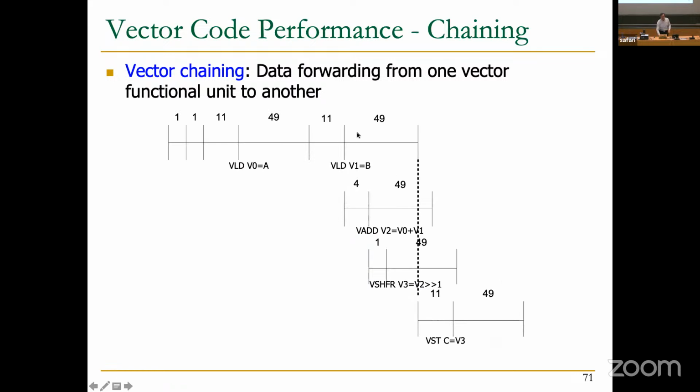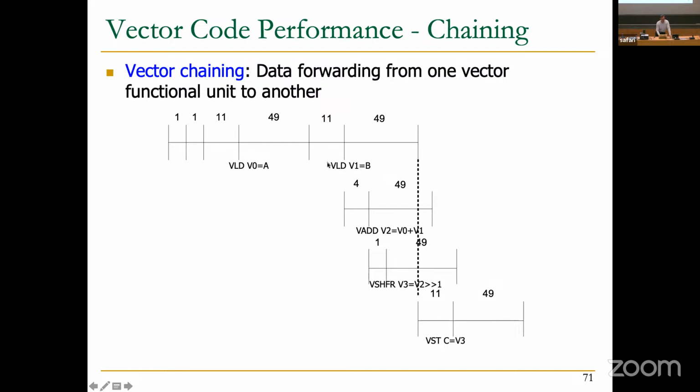And this is going to parallelize the back end of our program. Meaning, actually, after you get the first element of the second load, you can start the shift, this add, right? Because you have the first element of vector 1, you already had the first element of vector 0, you basically add them. And then in consecutive cycles, you get the second element, third element, fourth element, fifth element, up to the 50th element or 49th element, right?